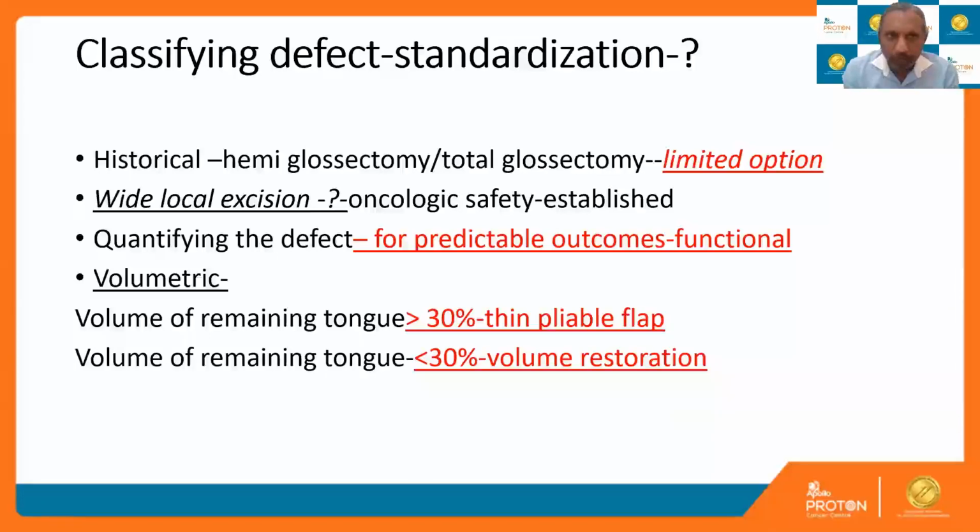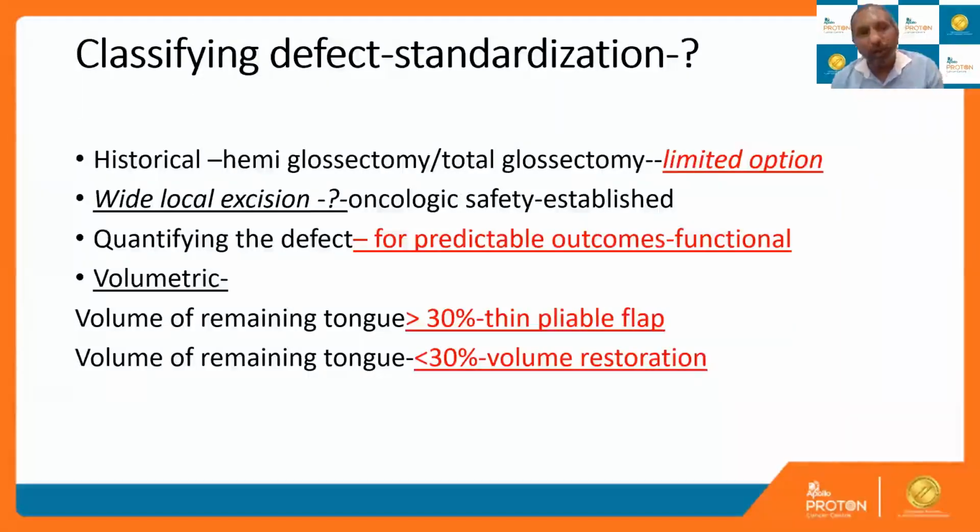How do you classify a tongue defect? When you reconstruct the mandible or maxilla, as we saw, there is a good, robust reconstructive standardization. Whereas when it comes to glossectomy, we don't have that. Historically, defects were classified as hemiglossectomy or total glossectomy, which was the oncological concept.